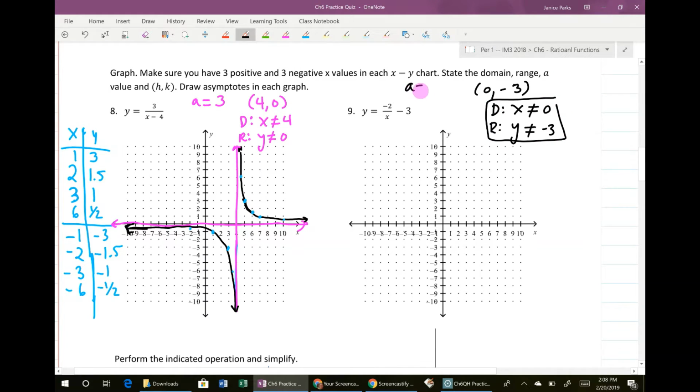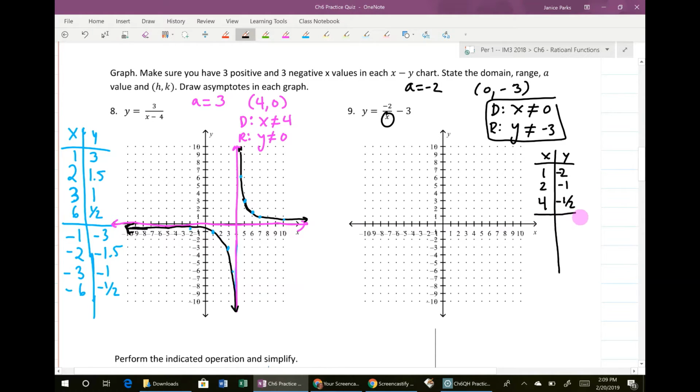The a value is -2, so we're going to be looking for numbers that multiply to -2. Now this is going to be a little trickier because you need 3 positive and 3 negative. So 1 times 2 and 2 times 1, or 1 times -2, 2 times -1. I'm also going to use 4. If you put a 4 where the x is, then this would be -1/2.